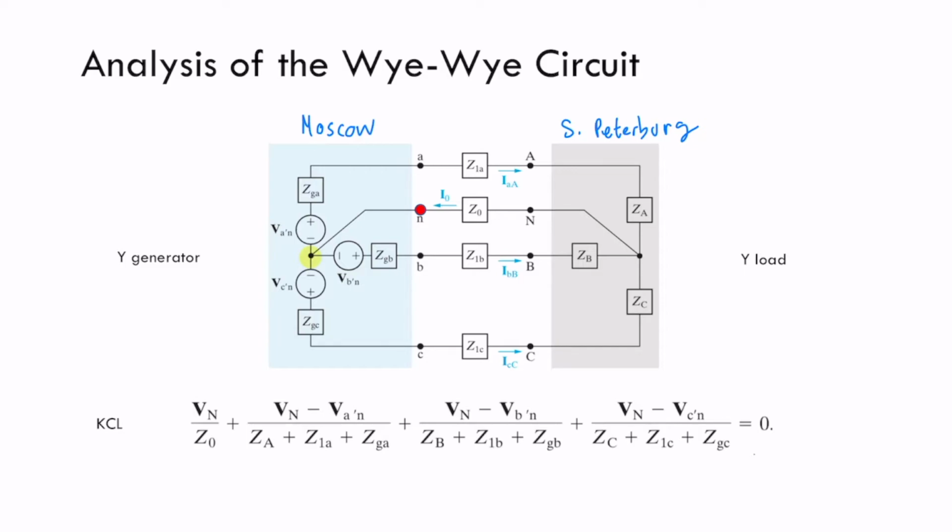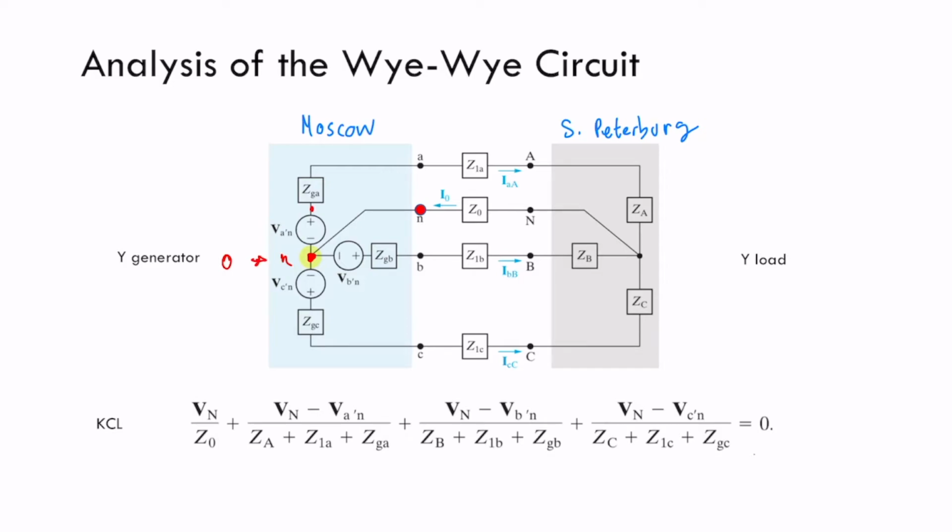This common point I call N, and it will be a kind of reference for me. I will assume this N is at the level of 0 voltage. It is my reference. Anything that I give you in this circuit will be referred with regard to this N.